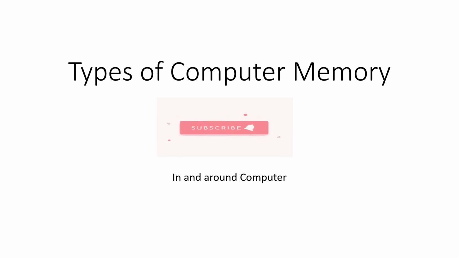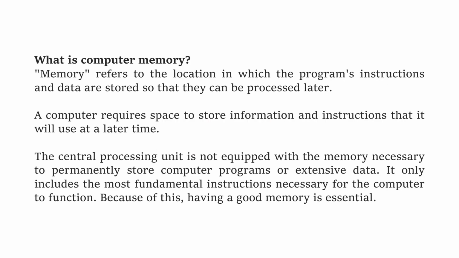In this video, we are going to see the types of computer memory. First, we can see what a computer memory is. Memory refers to the location in which the program's instructions and data are stored so that they can be processed later.